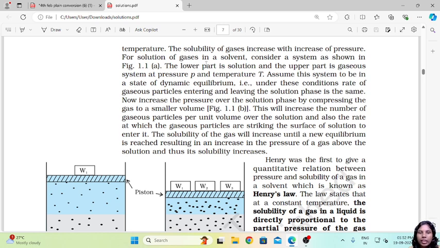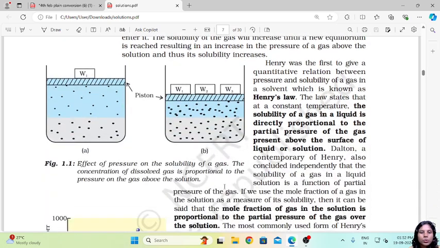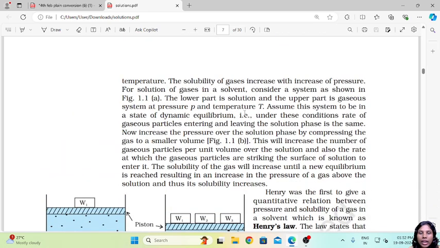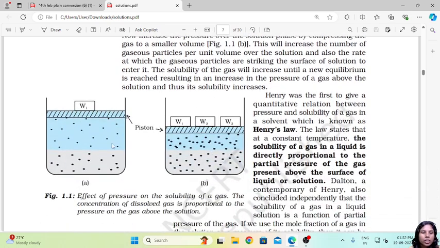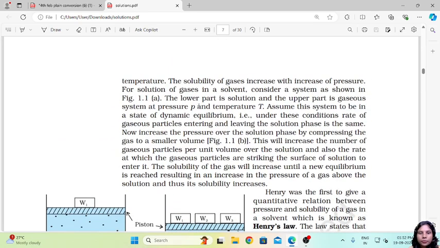For a solution of a gas in a solvent, consider the system shown in figure 1.1. The lower part is a solution and the upper part is a gaseous system at pressure P and temperature T. Assume this system to be in a state of dynamic equilibrium, that is, under these conditions, the rate of gaseous particles entering and leaving the solution phase is the same.